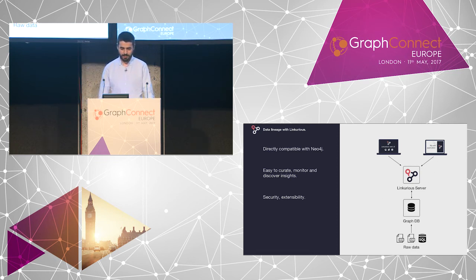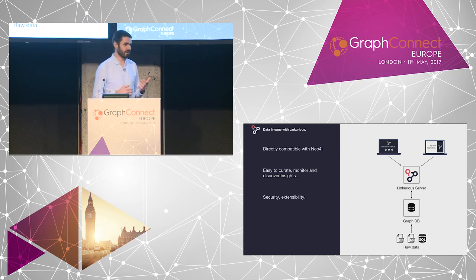And for clients who want to integrate the sort of capabilities that we have seen in their own applications or build new applications, you can use the Linkurious Enterprise API and the Linkurious JavaScript library to build custom interfaces. So this setup really makes it easier to curate your data.